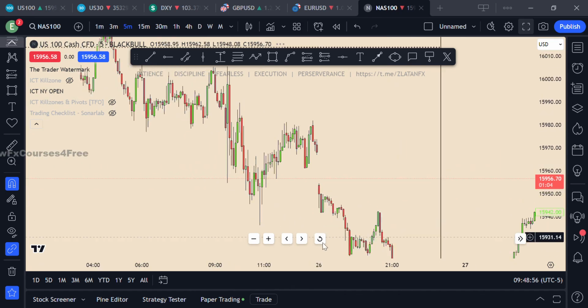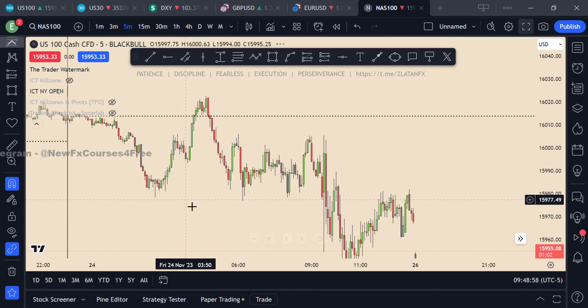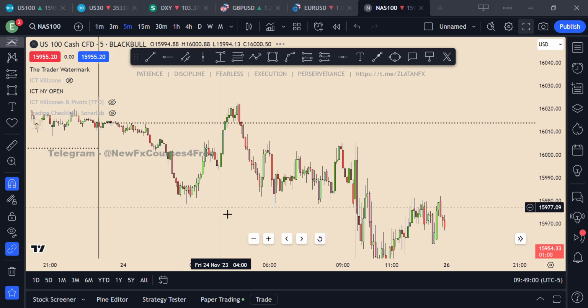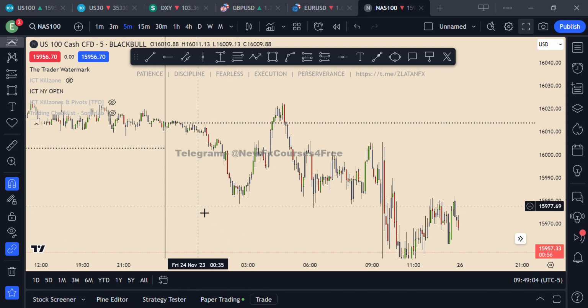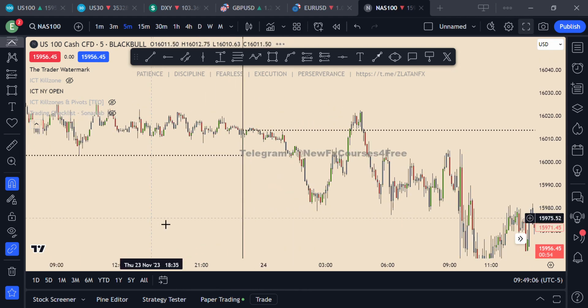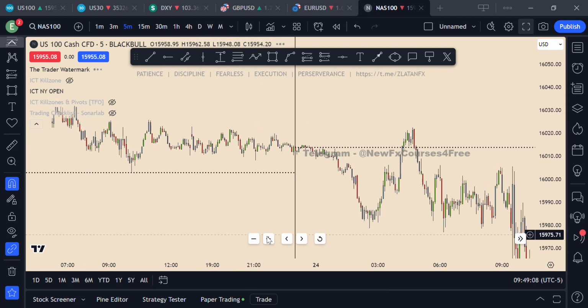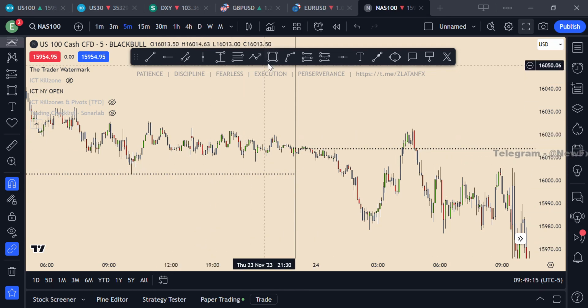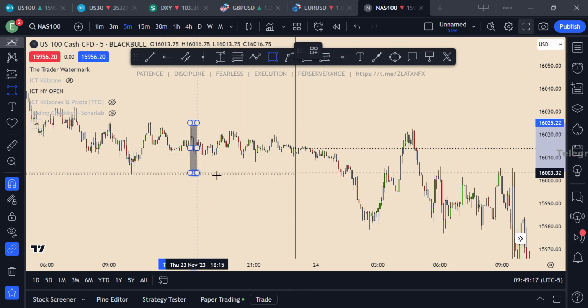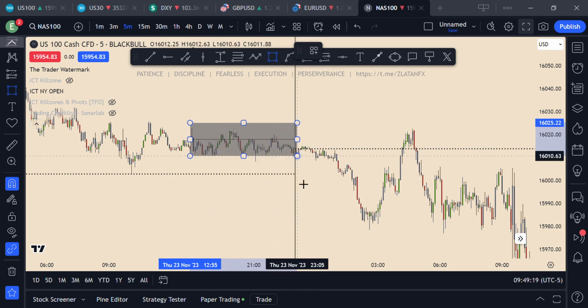This model is always there on your chart, right? So the whole of New York, the whole of Asian, we consolidated right here. This whole consolidation right here.